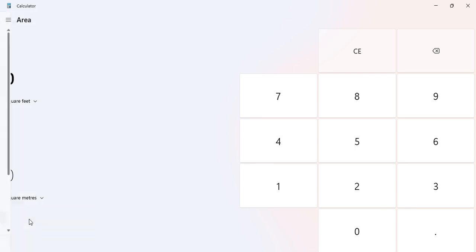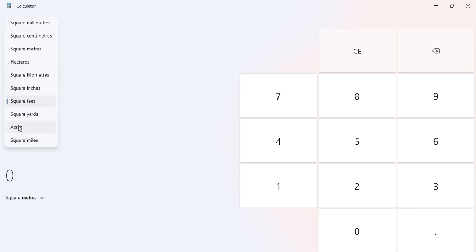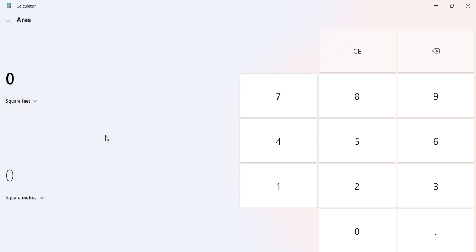And area conversion is also there, square feet, acres, like that we can use different types of conversions. This is square feet equals this many square meters, and if you compare with paper, 154 sheets of paper, so like that you can compare.